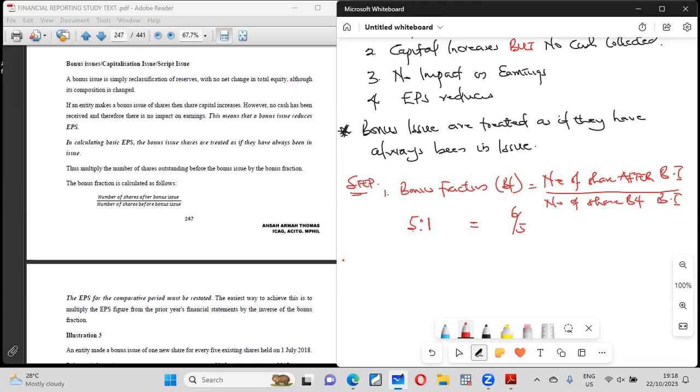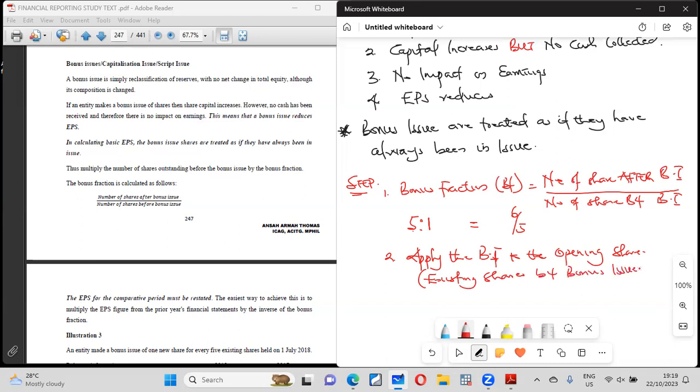Now, then step 2 you have here is to apply the bonus fraction, the BF, to the opening shares, i.e. the shares existing before the bonus issue.